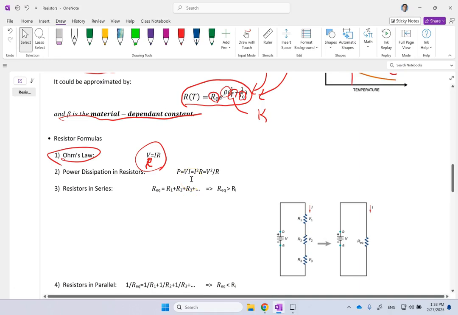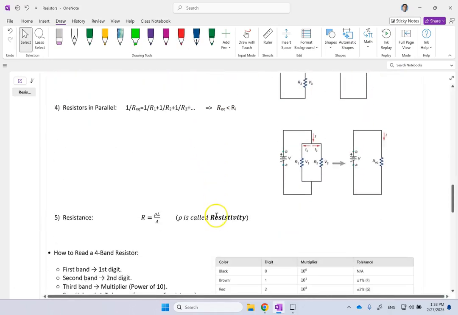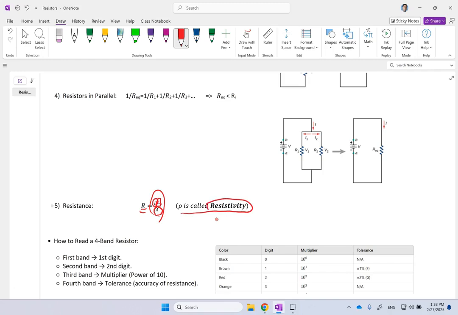Now, of course, the resistance itself of the material depends on some properties. What properties? The resistance of a resistor depends on three parameters, rho, L, and A. A is the cross section of the resistor, L is the length of the resistor, and rho, which depends on the material, is what we call resistivity.